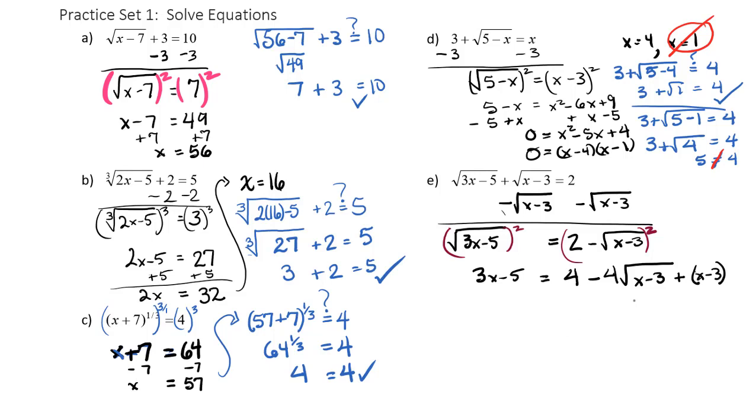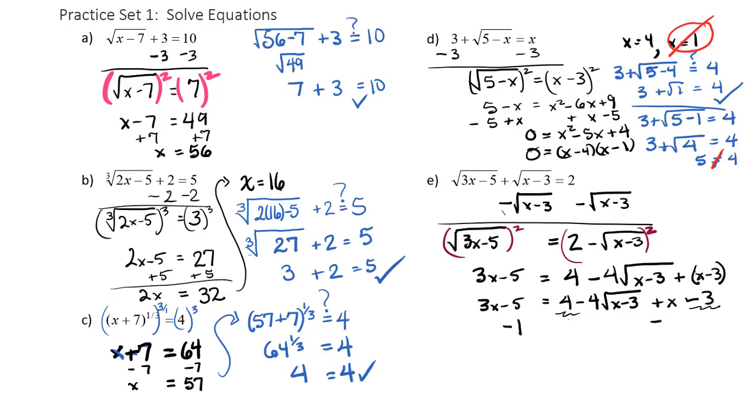We can simplify this further. 3x minus 5 is equal to 4 minus 4 square root of x minus 3 plus x minus 3. 4 minus 3 is 1. And I'm going to subtract that.